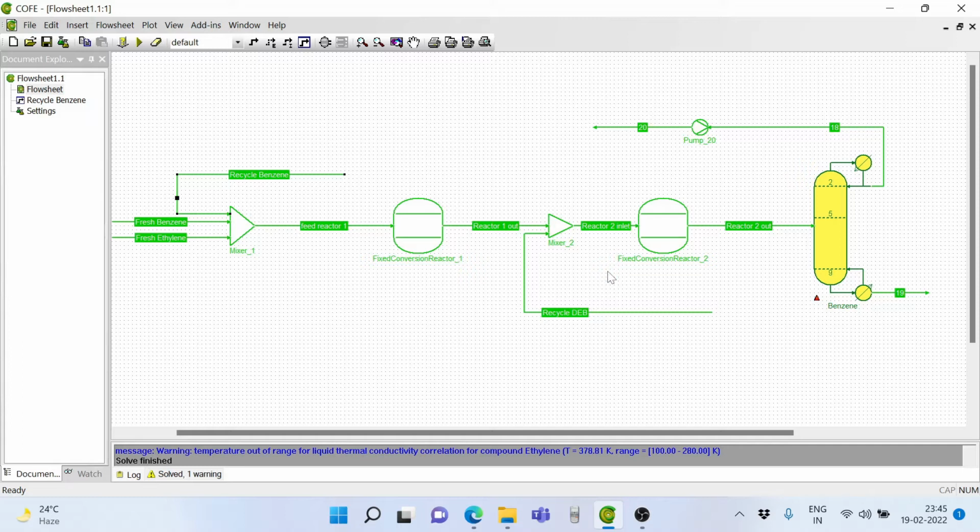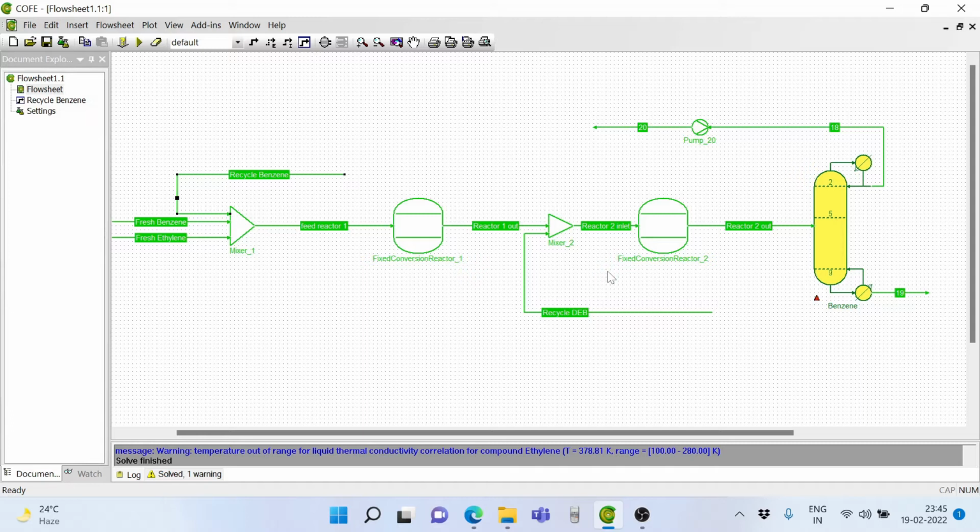And if there is a recycle loop and for any reason some amount of reactant is remaining, it will keep increasing in the recycle loop. In real terms also this will happen, so purging would be required.